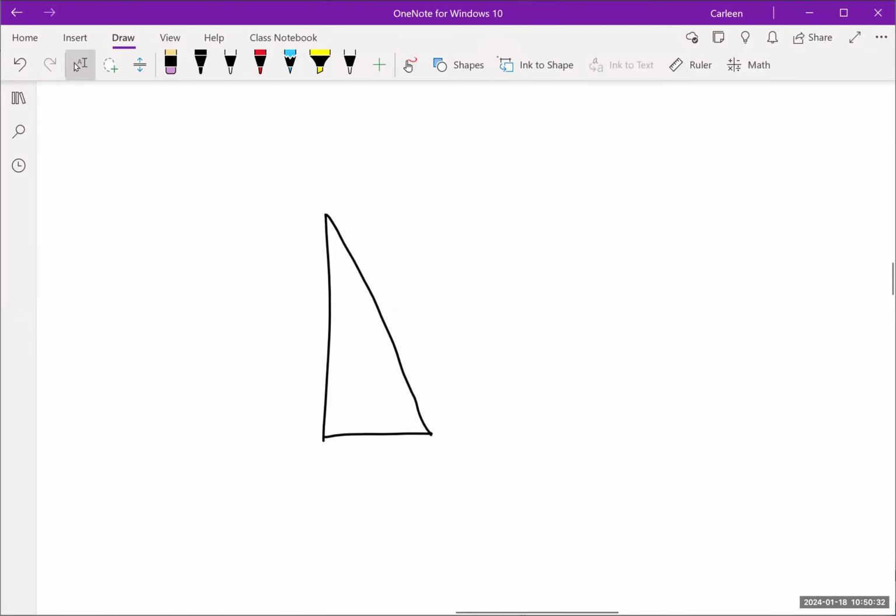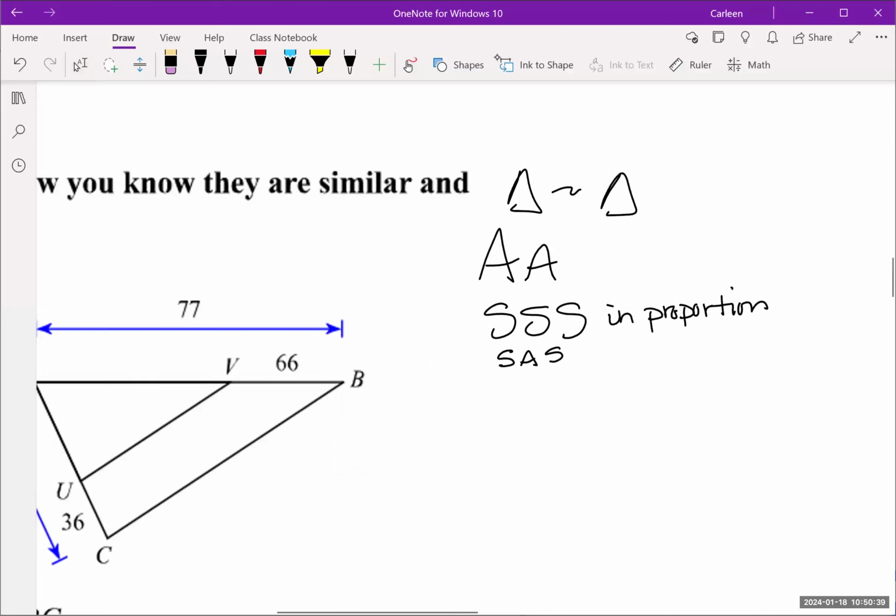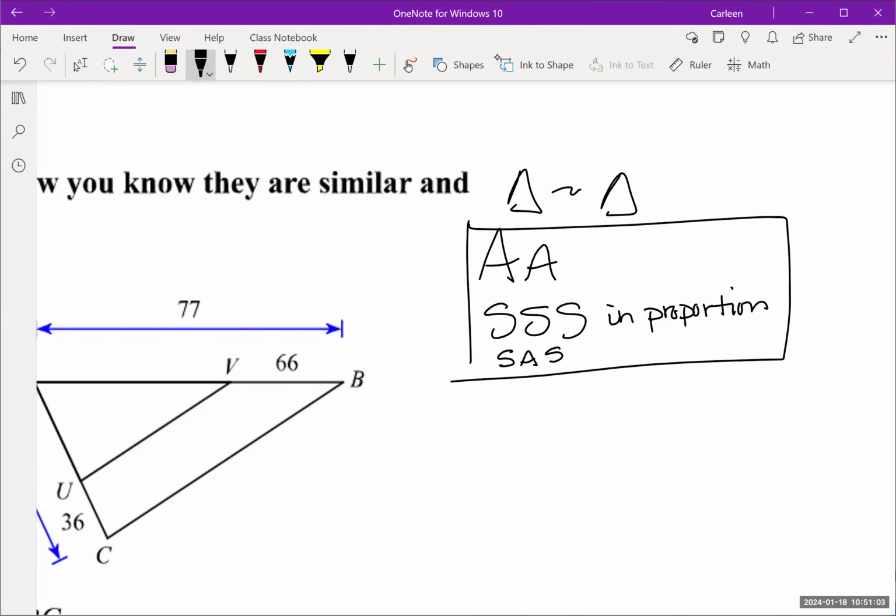The angles are staying the same as I make the triangle bigger or smaller. So excellent, good point. If two pairs of angles are congruent to corresponding ones, we know the third one is, right? Because the sum of three angles equals 180. So I could say angle, angle, angle, but because I could always find the third angle, I'm just going to say angle, angle. Okay, enough of me talking.